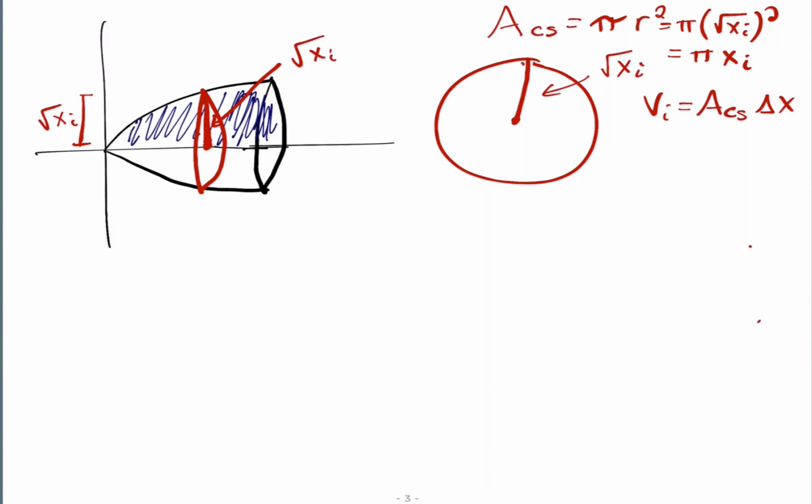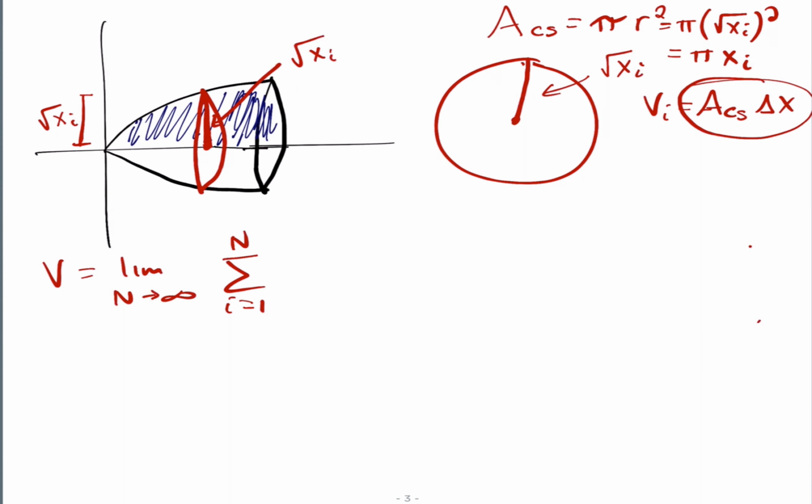Does that make sense? Okay, so then the volume is equal to the limit as n goes to infinity of the sum from i equals 1 to n of basically this. So what is that going to be? That's pi times x sub i delta x.